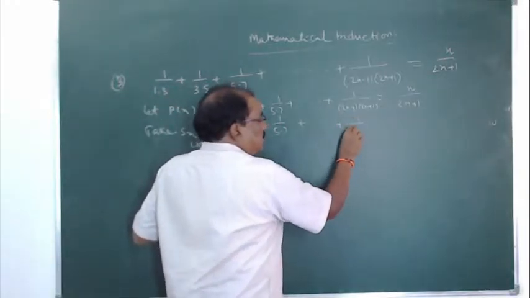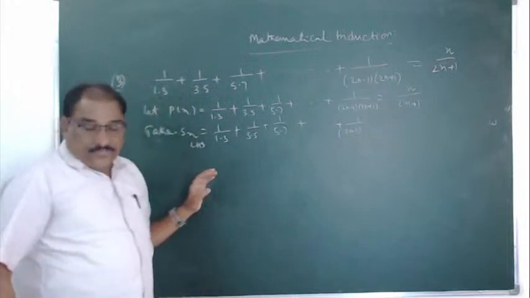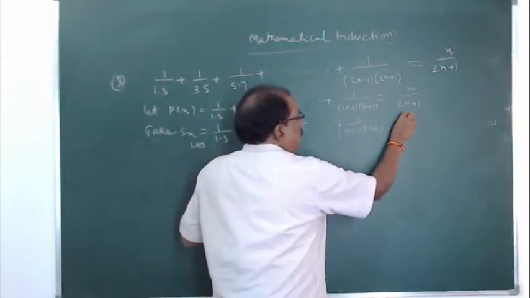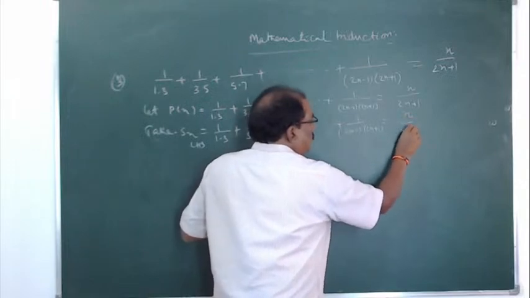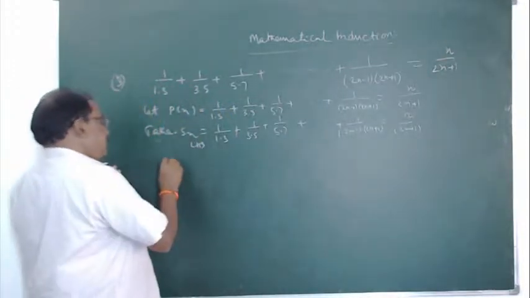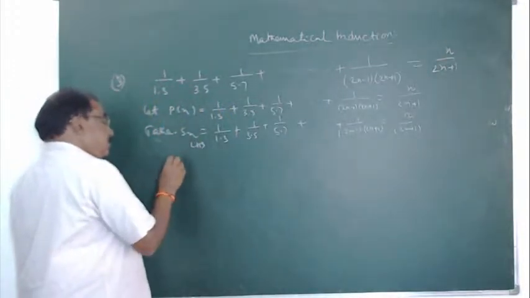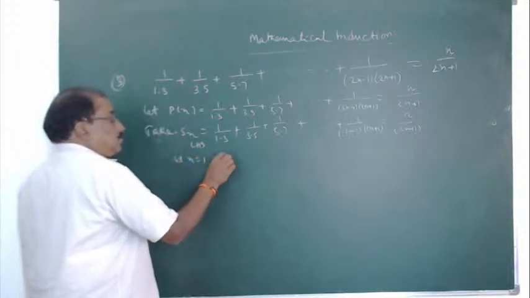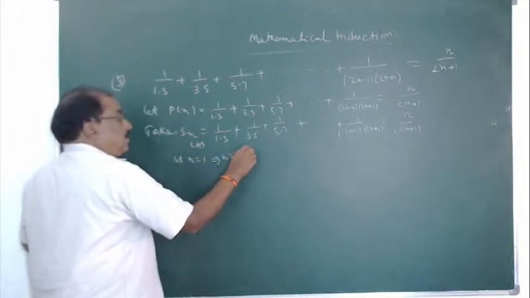The nth term is 1 by 2n minus 1 into 2n plus 1. So, take n is equal to 1.